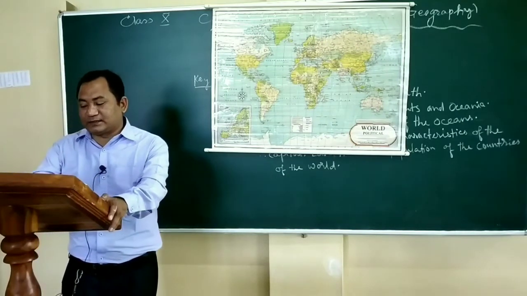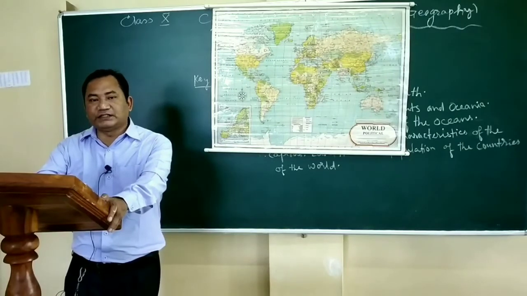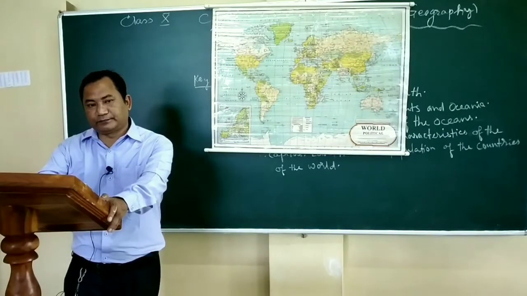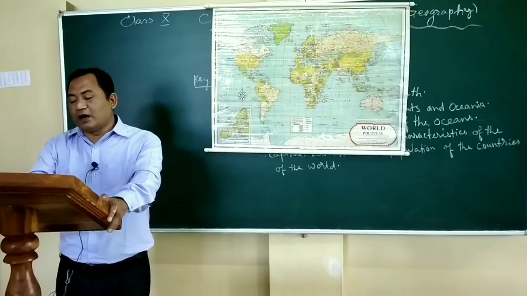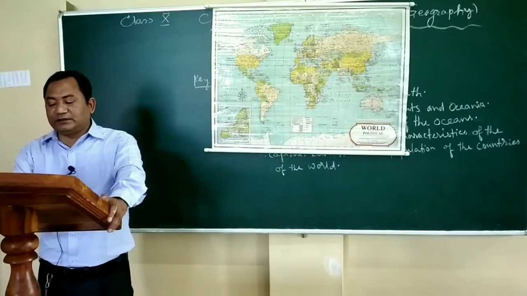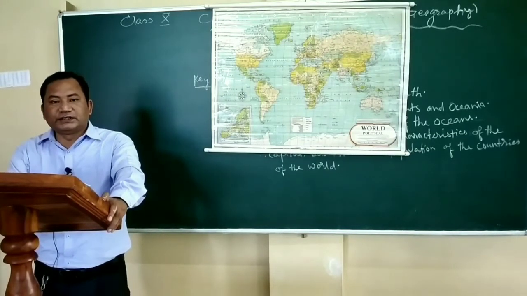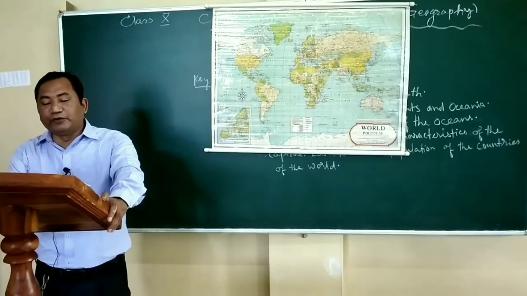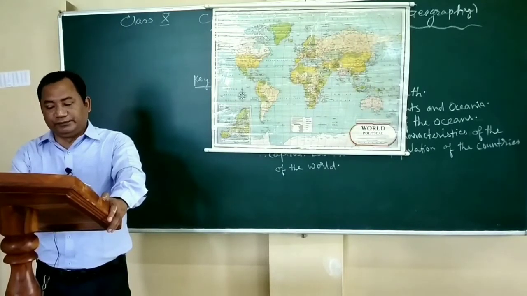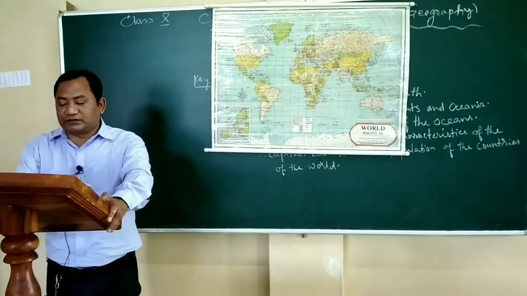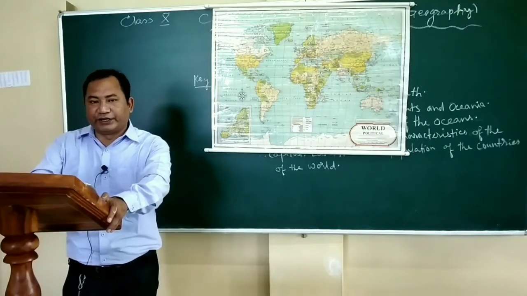Now let us discuss about Southern Ocean. It has an area of about 20 million square kilometers and it is the fourth largest ocean in the world. It surrounds the continent of Antarctica.